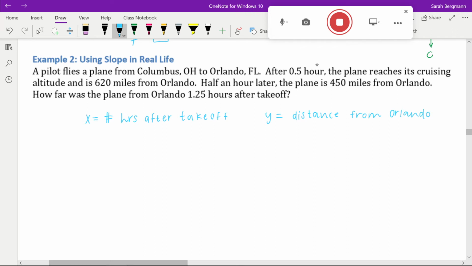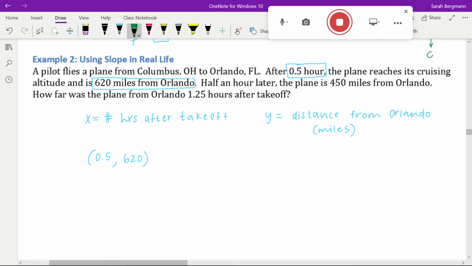So I know that after half an hour, the plane reached the cruising altitude and is 620 miles from Orlando. So my first point that I know is 0.5, 620. After half an hour, we're 620 miles from Orlando. Let's make a note here to ourselves: this y value is in miles.